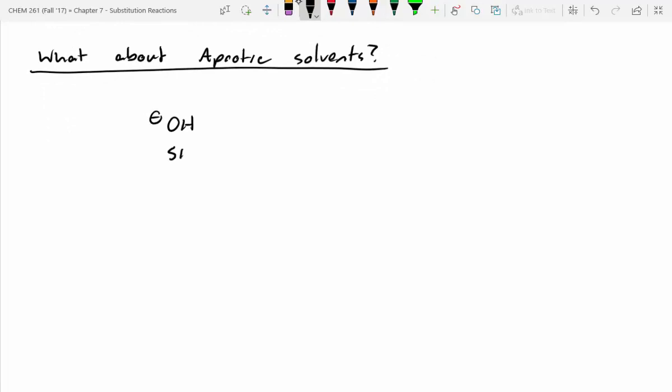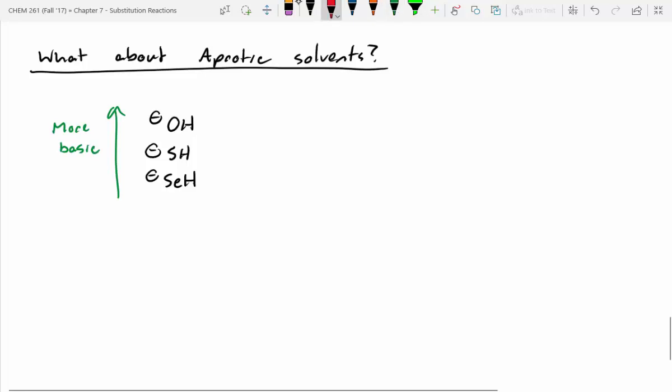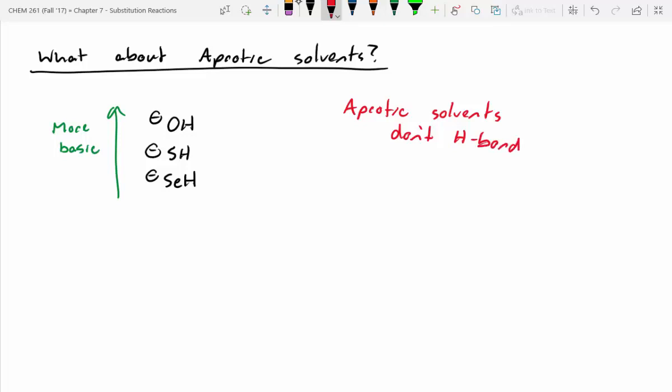I'm going to have the sulfur analog down here, and I'm going to have the selenium analog down here. We already said that it's more basic as we go up. And aprotic solvents don't H-bond. So which of these do you think will be the most nucleophilic now? OH, right?